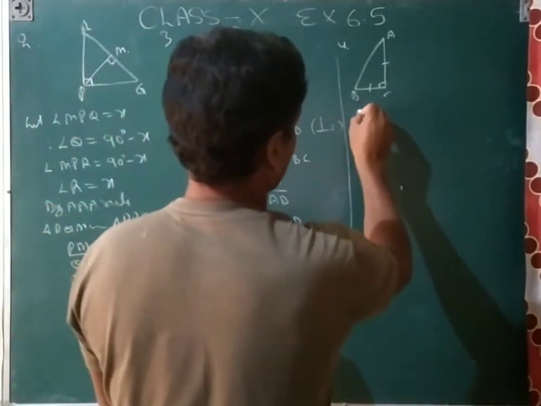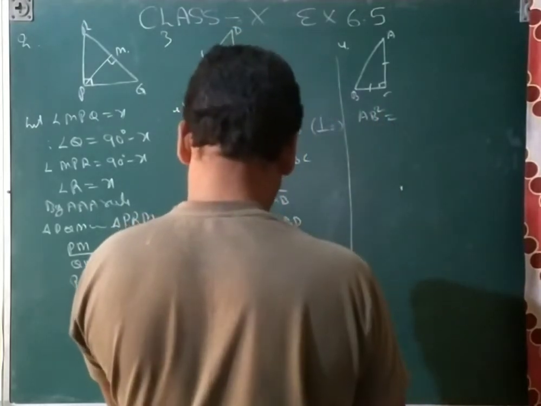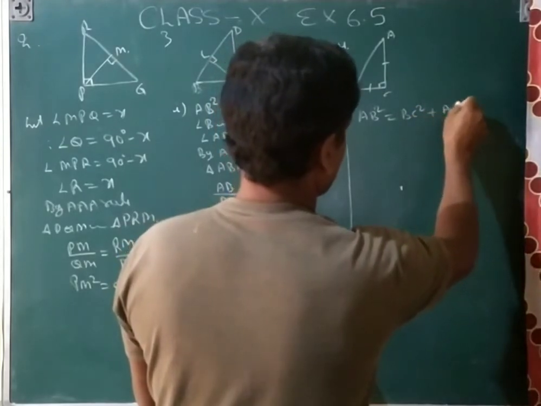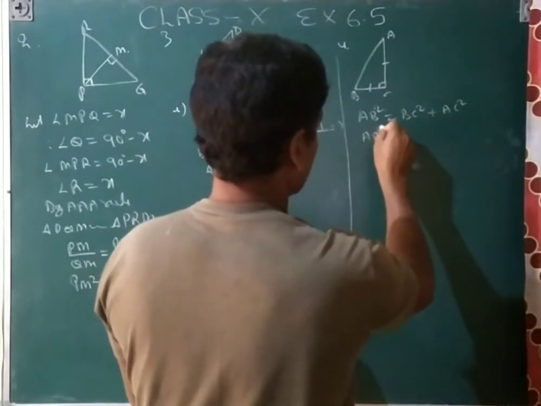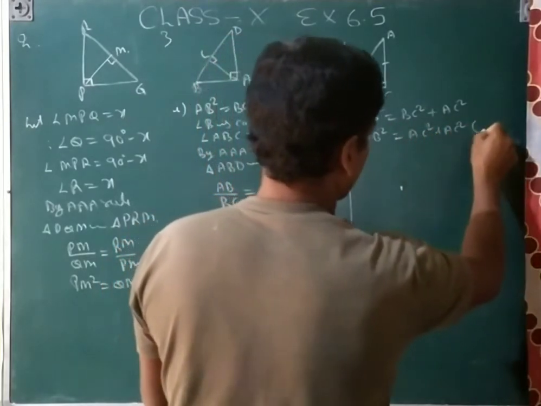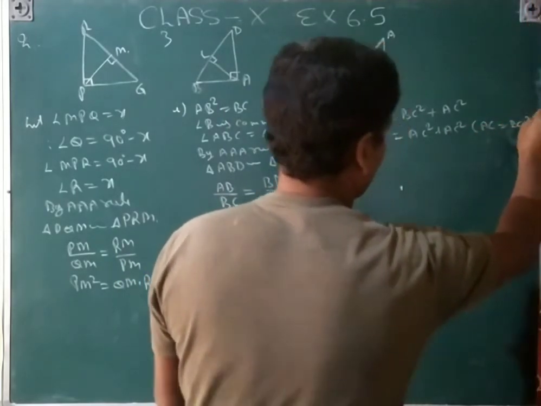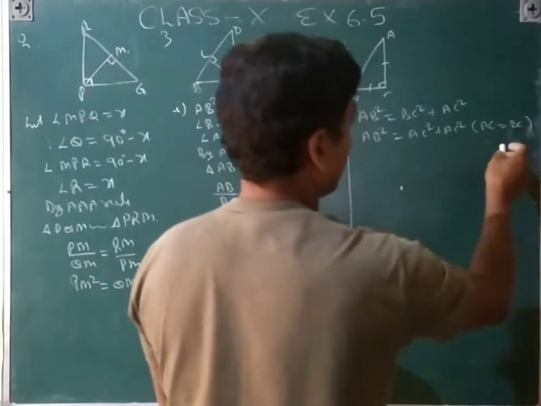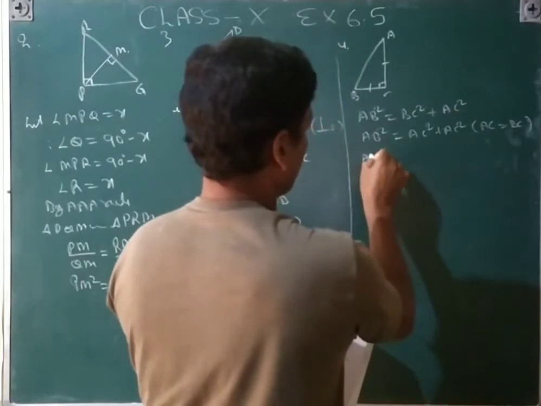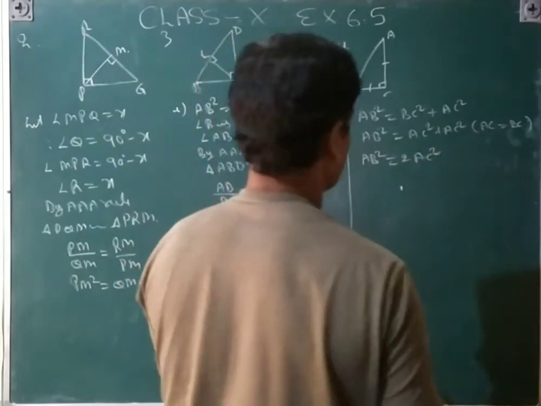So we know that AB square is equal to BC square plus AC square. So AB square is equal to AC square plus AC square, because AC is equal to BC. So AB square is equal to 2 AC square.